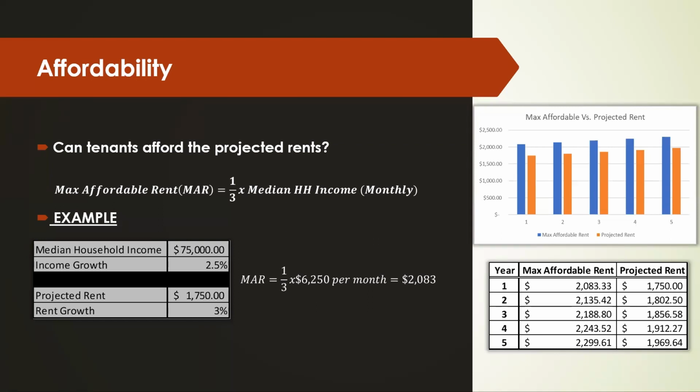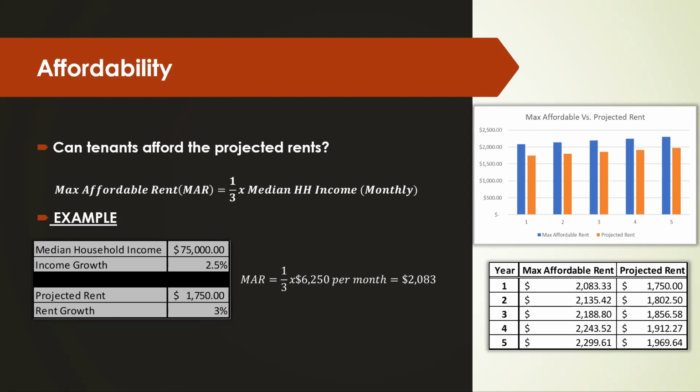Then we also look at what we foresee the projected rents to be. We want that to be $1,750 with a rent growth of 3% annually. So as you can see, there is a difference between the income growth and the rent growth of 0.5%.